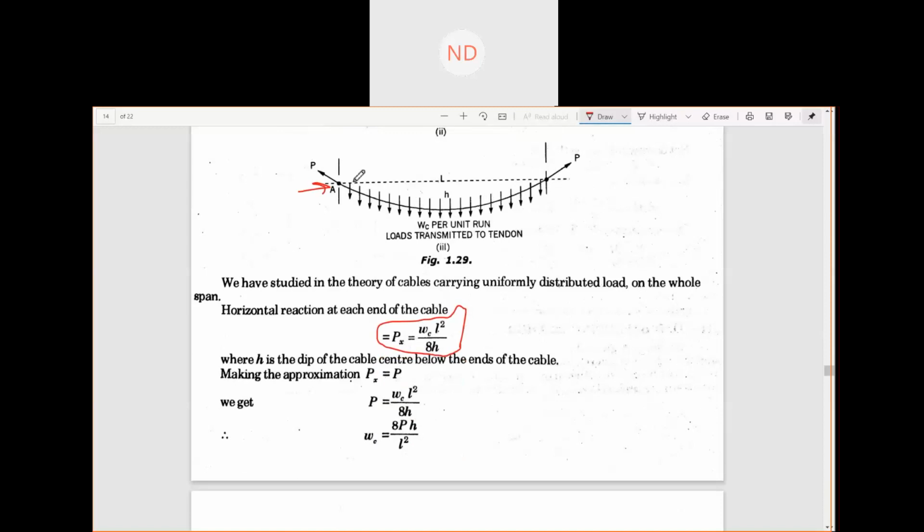So we can consider our tendon in a parabolic profile as acting like a cable, taking Wc downward load per unit run.